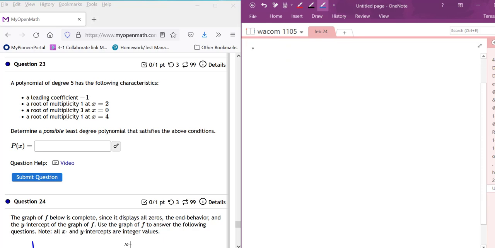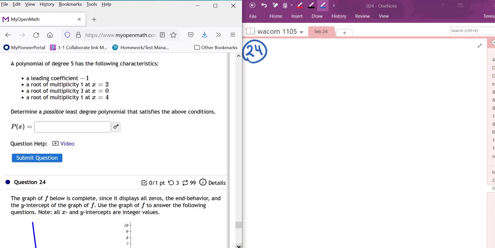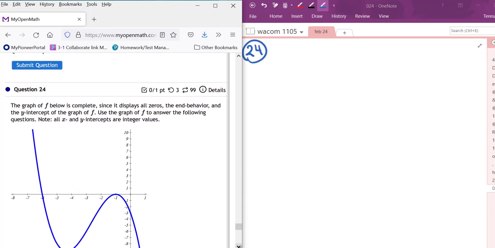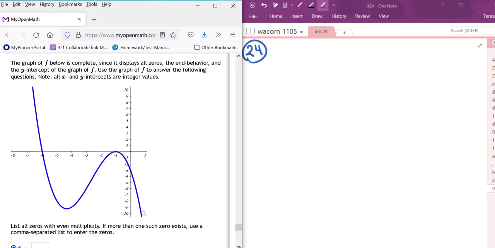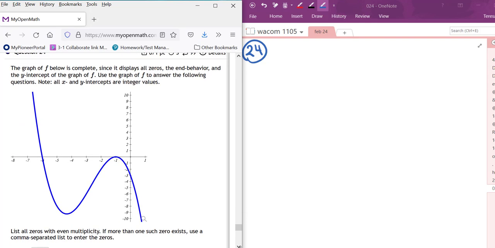Right, let's look at 24. And the tricky thing on these last two is they do not give you the A. So you have to figure out the A. So they're giving us the picture. It says the graph of f below is complete. That means you're seeing all of it, that it's not out of your window. And that means you have the end behavior.